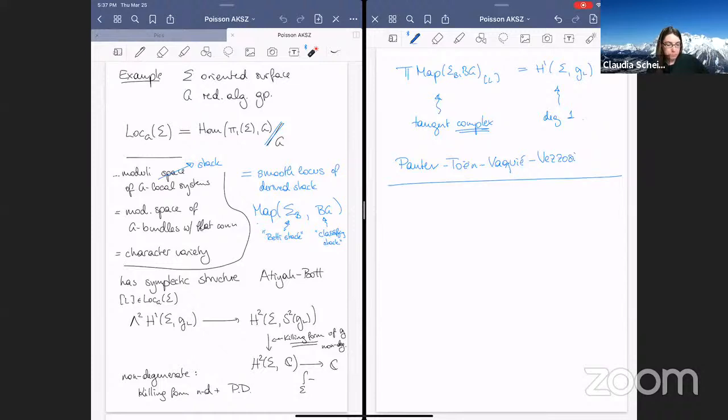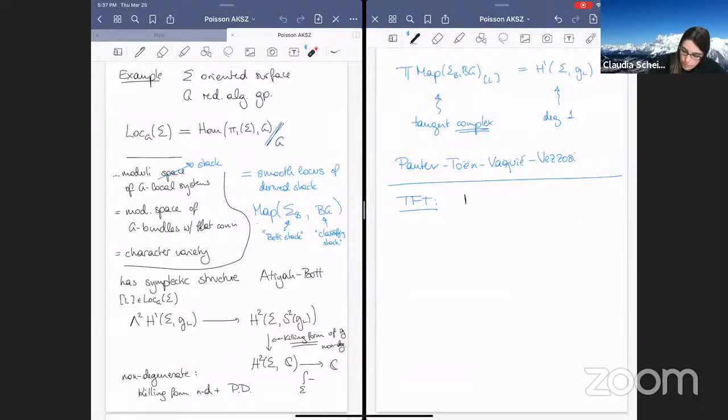Okay, great. So the next ingredient of my talk is we want to talk about topological field theories. So why does this have anything to do with a topological field theory? Well, we can generalize this example to manifolds with boundary.